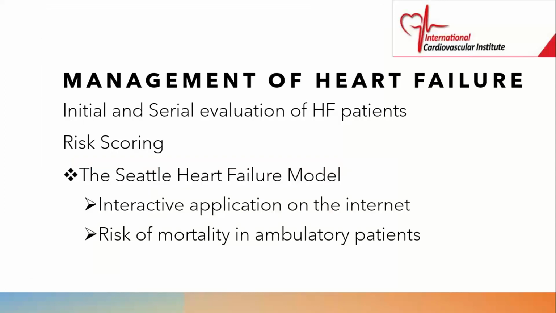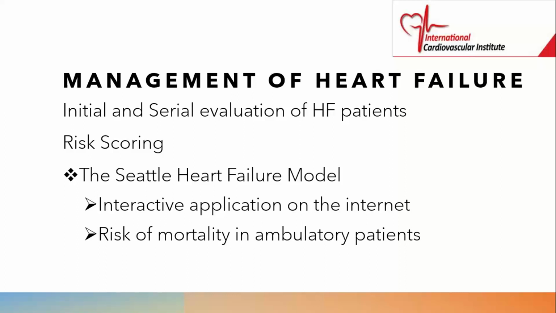But basically, we only use about two of these risk scoring methods. The Seattle heart failure model, we use this for ambulatory patients. So patients who come to the office and see you, we can use the Seattle heart failure model. So it's an online application and you don't have to memorize anything.